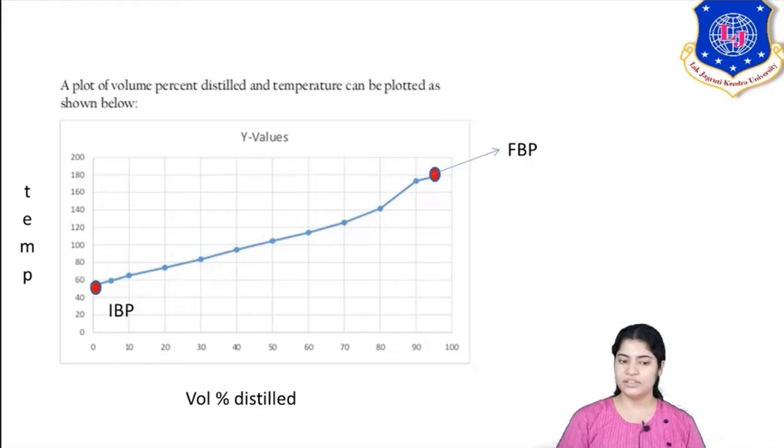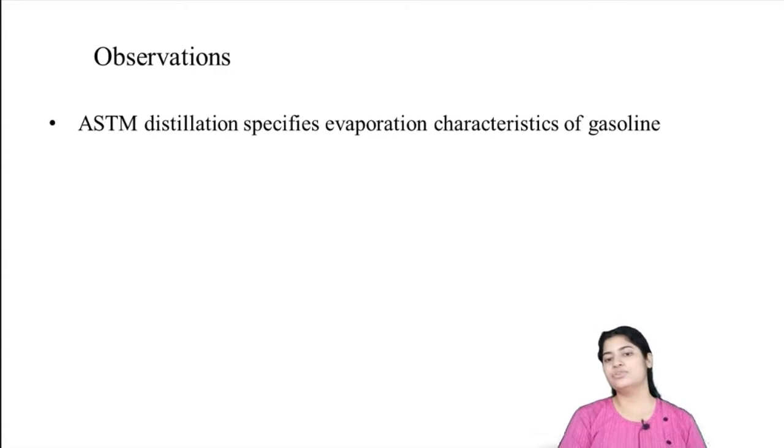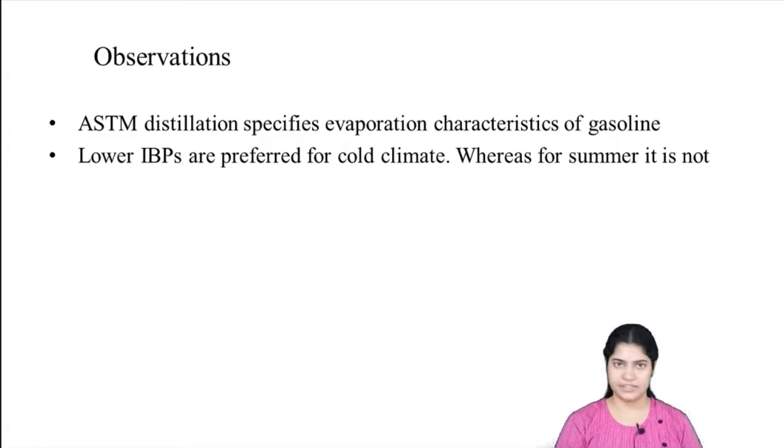What this graph helps us to know is the boiling characteristics, the properties which we can relate with that percentage of distillate. So we can say from the observation that ASTM distillation specifies the evaporation characteristics of gasoline.